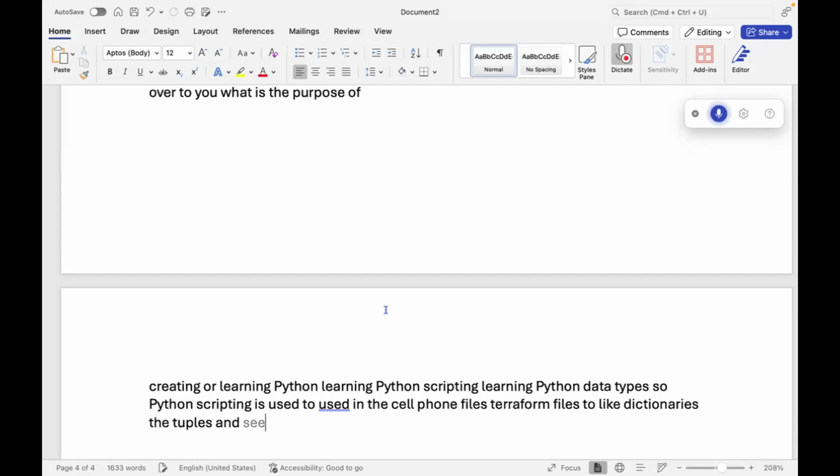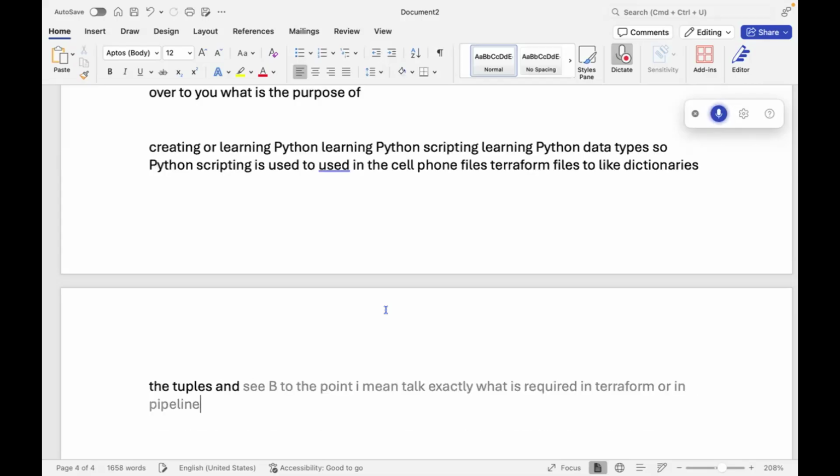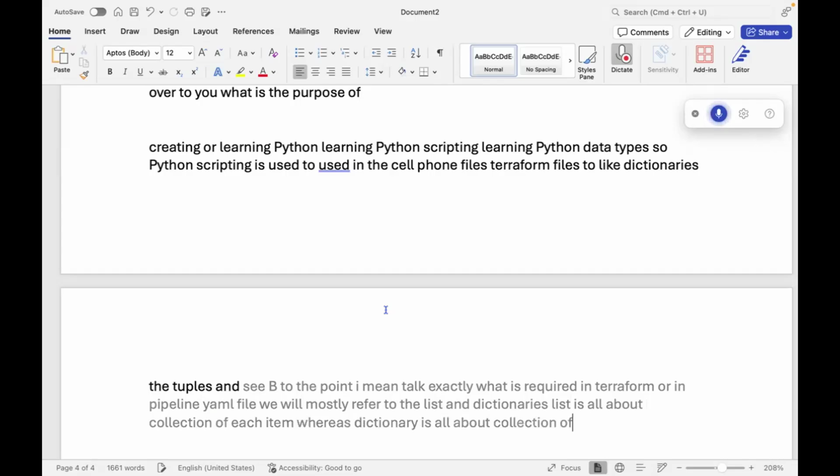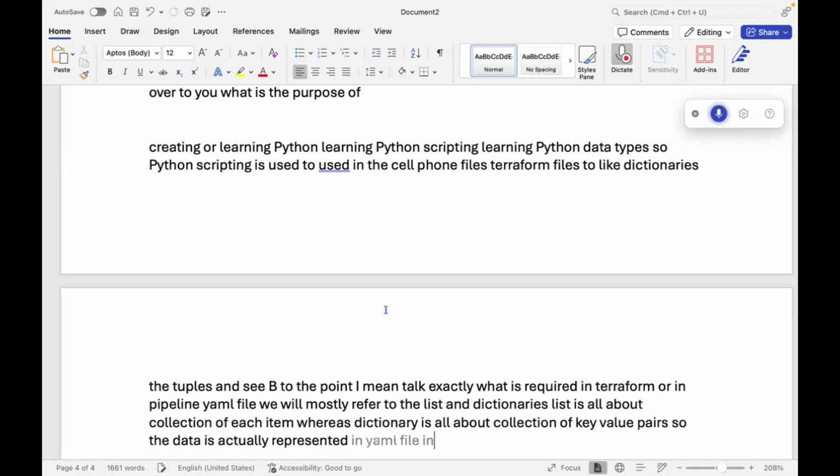See, be to the point. Talk exactly what is required. In Terraform or in pipeline YAML file, we will mostly refer to lists and dictionaries. A list is a collection of items, whereas a dictionary is a collection of key value pairs. So the data is represented in a YAML file or in your Terraform code.